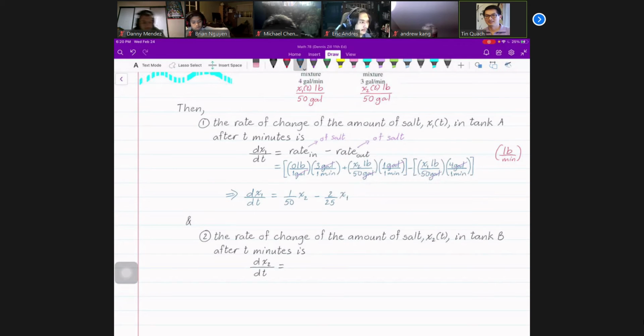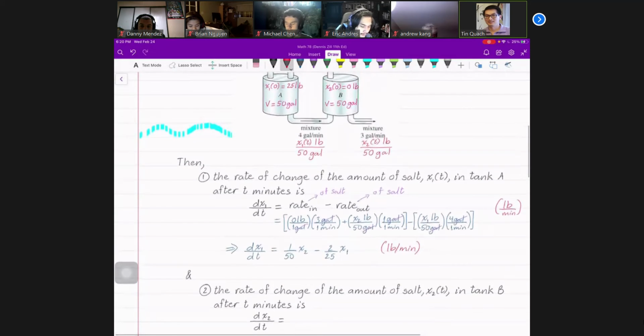So that is the rate of change of salt in tank A. And of course, the unit is pounds per minute. Now let's go to the second tank to get the rate for x of 2.